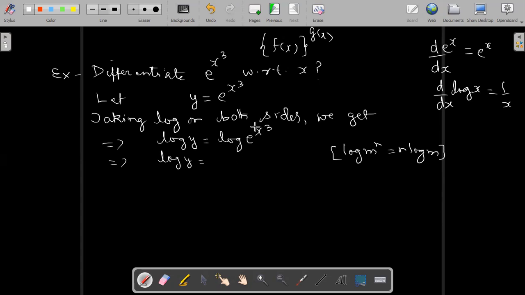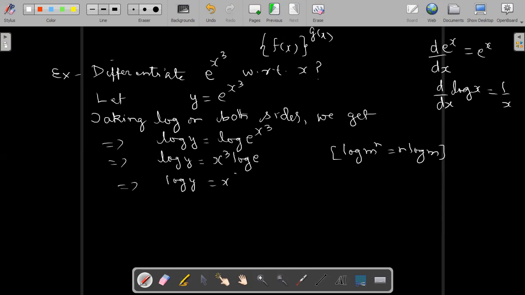So n is x cube. So x cube will come here, and this will become log e only. And the base is already e, as I told you that if it is not written, it is e. So log e to the base e is 1. So we got log y is equal to x cube.